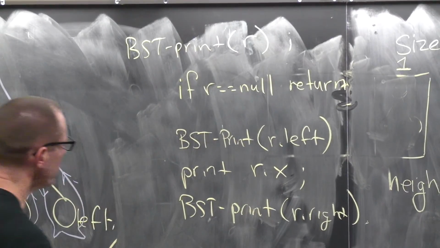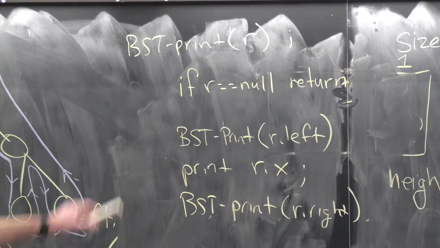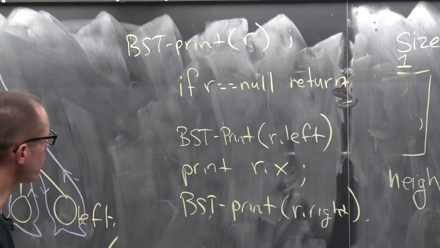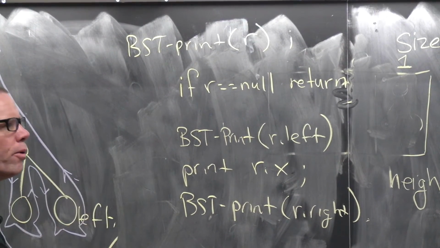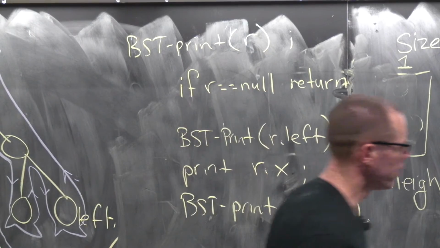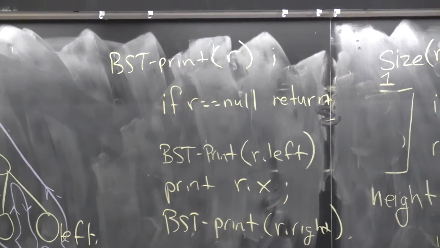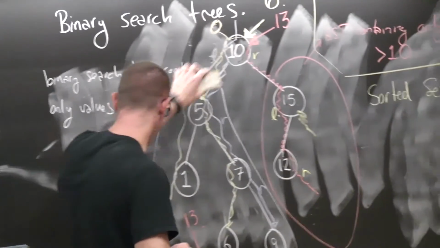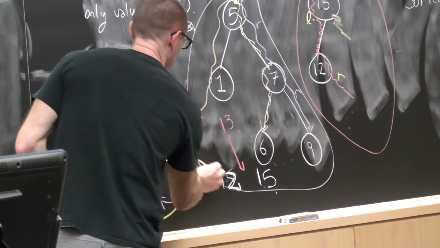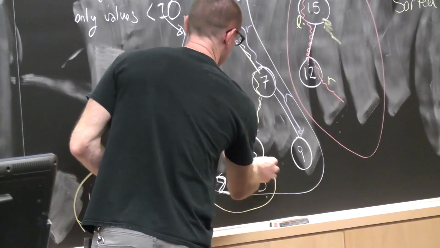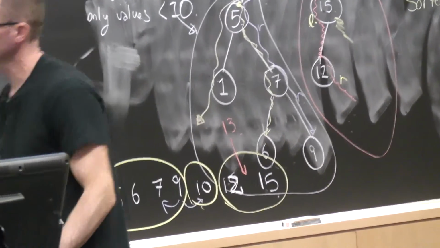Okay. So that prints out the values in sorted order. We print out all the values smaller than the root, then we print out the root, then we print out the values bigger than the root. So here we print out all the values smaller than the root, that's these guys, then we print the root, then we print out the values bigger than the root. Okay?